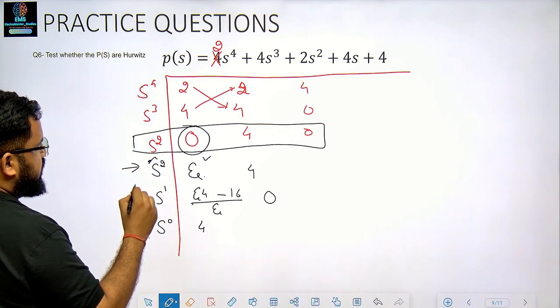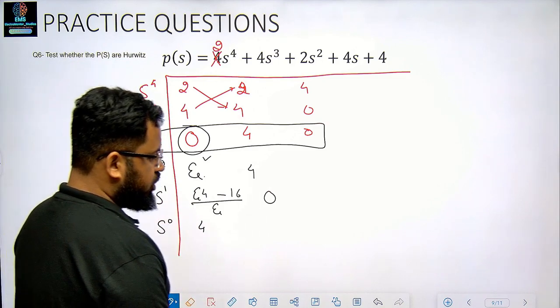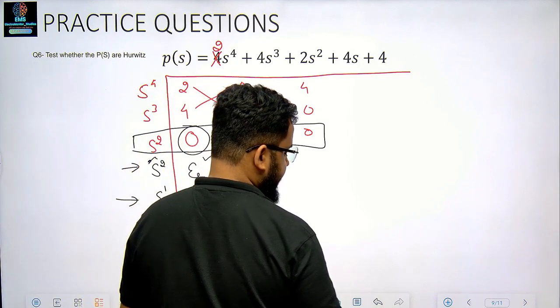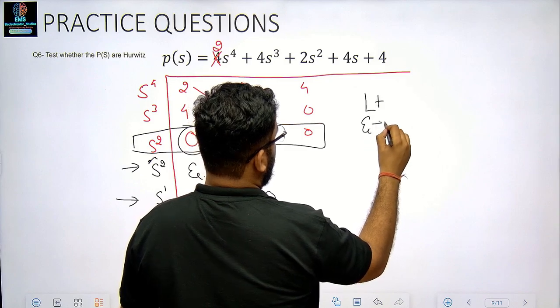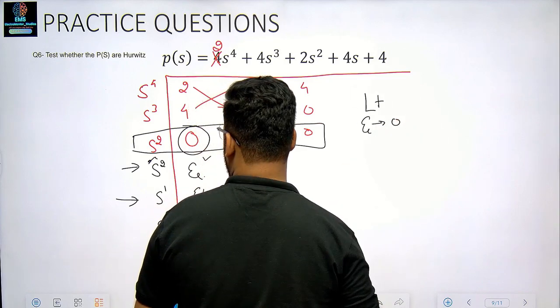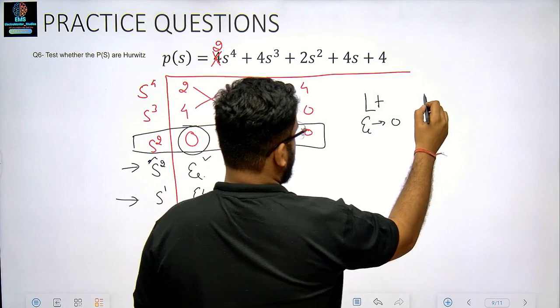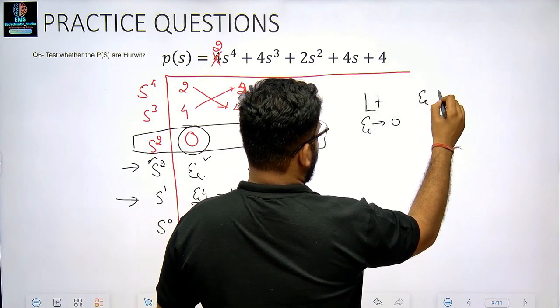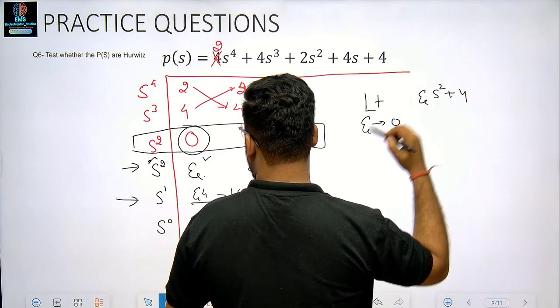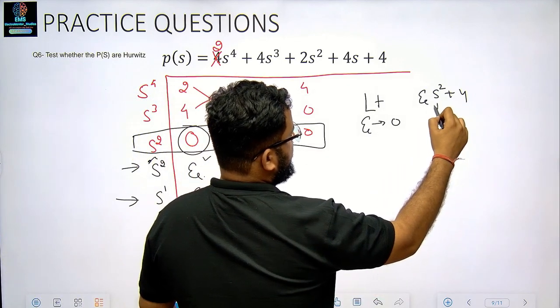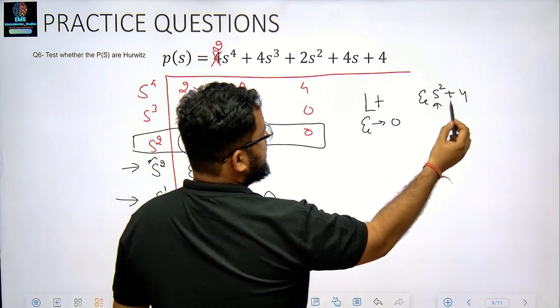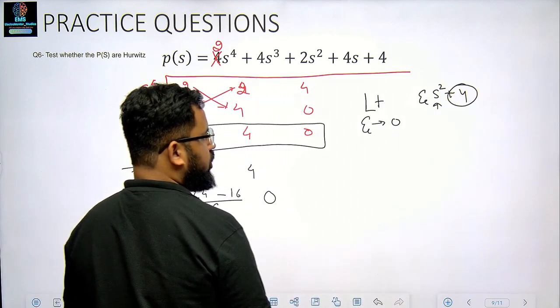So we have got two terms where this zeta is associated. So now let us check for limit zeta tending to 0, zeta s square plus 4.